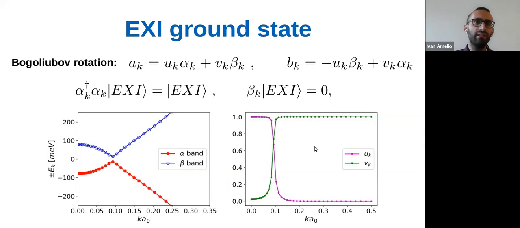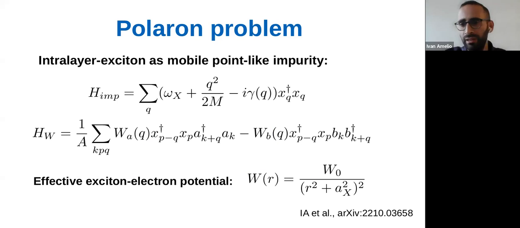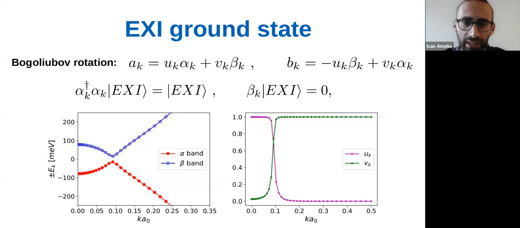Okay, so this was how we need to treat the impurity, our optical probe, and now we need to treat the bath. This is just the electrons and the holes in the valence and conduction bands. For this there is no impurity, and the basic physics is that electrons are attracted to holes, bind to holes and condense. This can be captured by a BCS-like variational state.